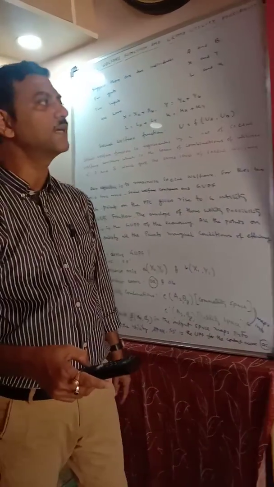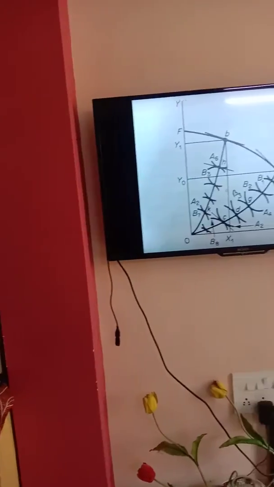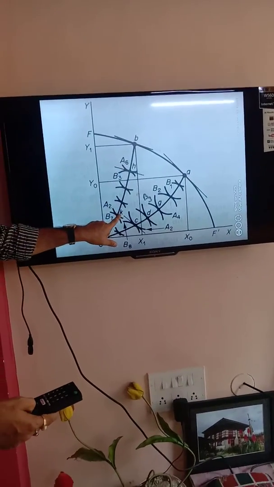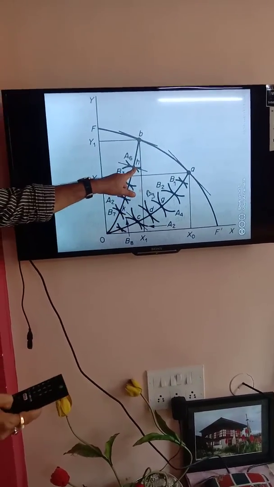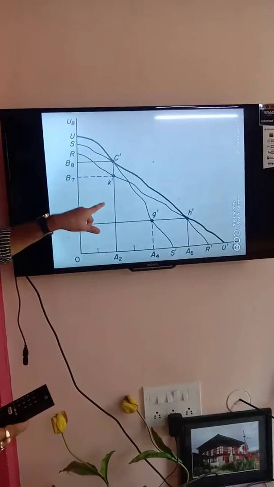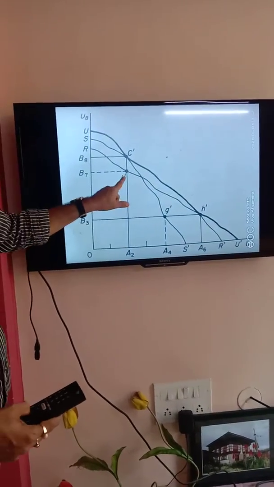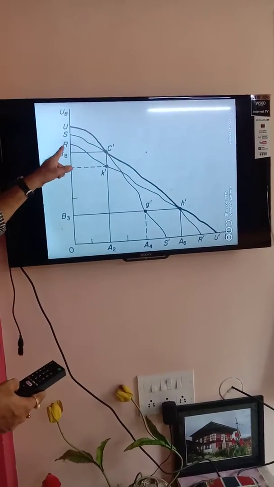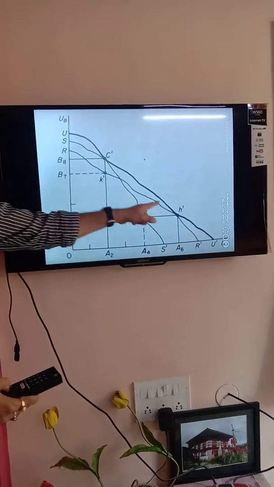Similarly, if you consider the contract curve OB, and if you consider this point K or H, you can correspondingly get points K dash and H dash corresponding to the output space, and joining this, you will get R prime. This is the utility possibility frontier.